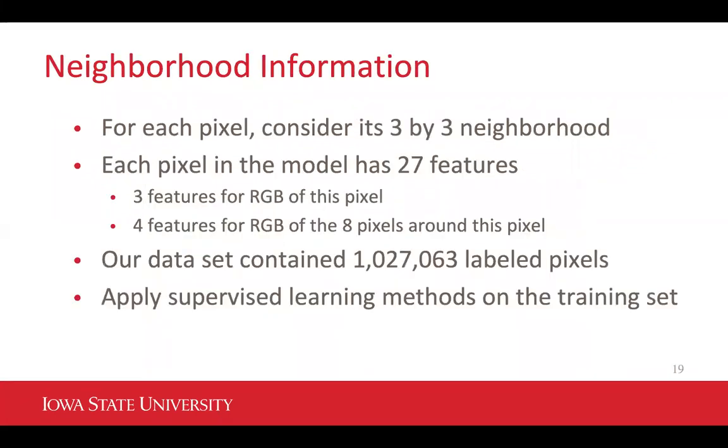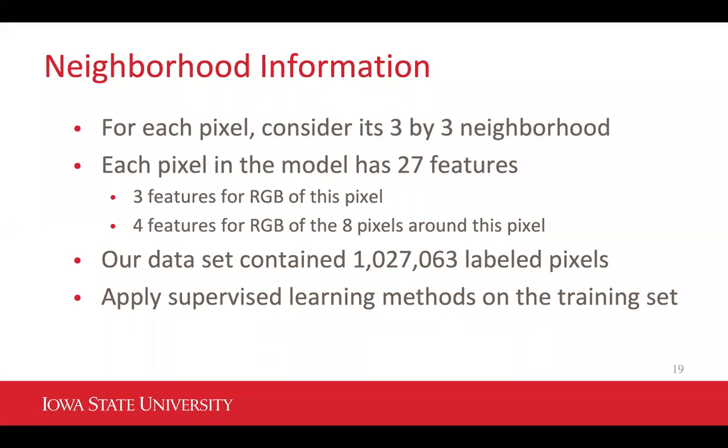We also include the neighborhood information in our model, which means for each pixel, we consider its 3 by 3 neighborhood. The reason that we include neighborhood information is because we know that a plant pixel is likely to be surrounded by plant, and a background pixel is likely to be surrounded by background. Actually each pixel in our model has 27 features.